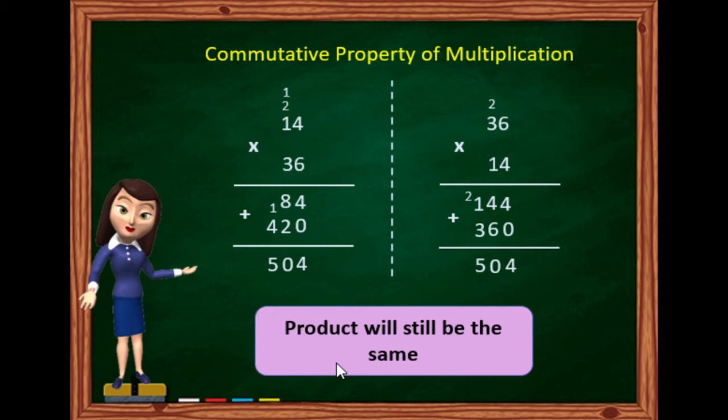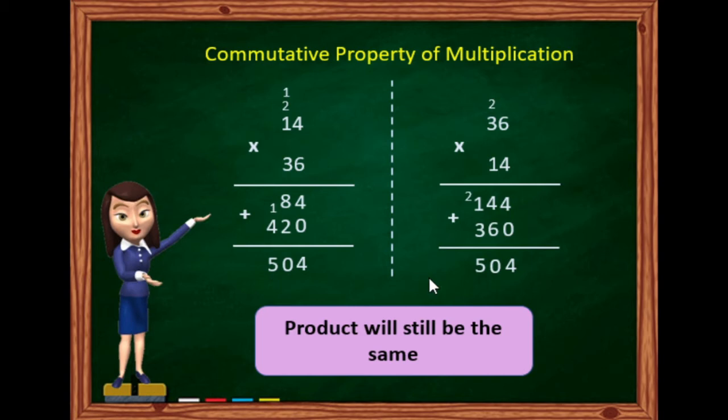Just like addition, changing the position of the numbers won't affect the answer. Again, this is the commutative property of multiplication. Clear?